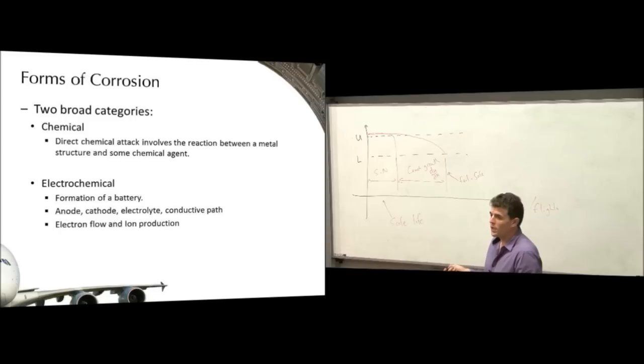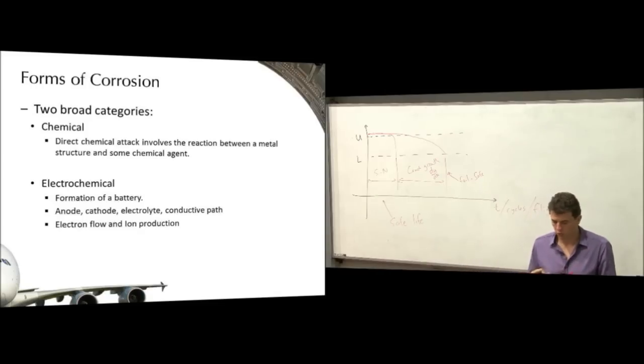If you did higher level chemistry at high school, you probably would have done electrochemistry, which is setting up a battery. So a battery is corrosion via a different means where you have dissimilar metals. You need an anode and a cathode, an electrolyte and a conductive path, and we'll talk about that in a minute. But it's an electrolytic process rather than a chemical attack. But they're two broad categories, and we'll talk about both of them.